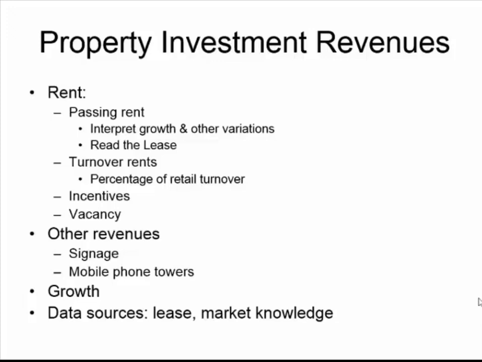We can have other revenues. We've already mentioned signage and used that as an indication of the other property rents that can come. We've mentioned mobile phone towers and so on, but there's actually quite a few. And so you've got to be aware of all of the sources of revenue.